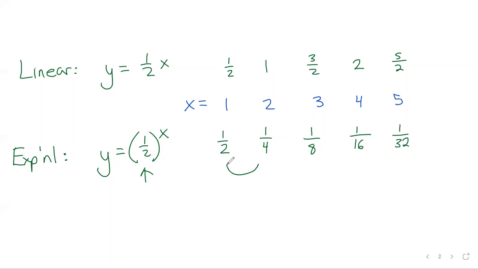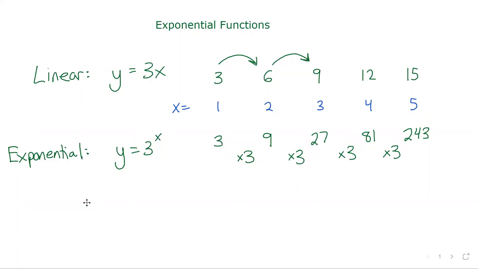Same idea, of course, we're multiplying by the same thing every time instead of adding or subtracting the same thing every time. But it looks a little different. So we have, as I mentioned, words for these. On this first page, this is what we would call exponential growth, because it's getting bigger and bigger and bigger every time, and the rate at which it's growing is also getting bigger.